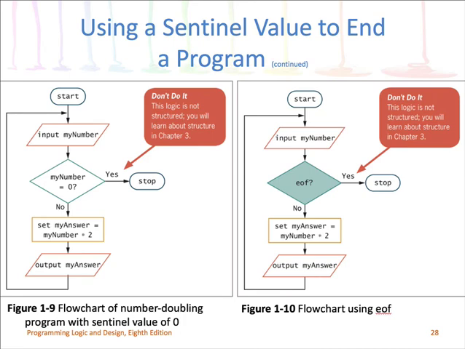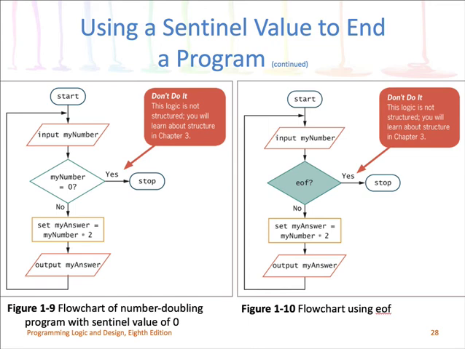So basically what they're doing here is they're asking, is my number 0? Yes, stop. If it's not, then double it and output it to the user. So that goes through, and it's not the best way to solve it, but here in the beginning while you're learning about pseudocode and flowcharts it is perfectly acceptable.